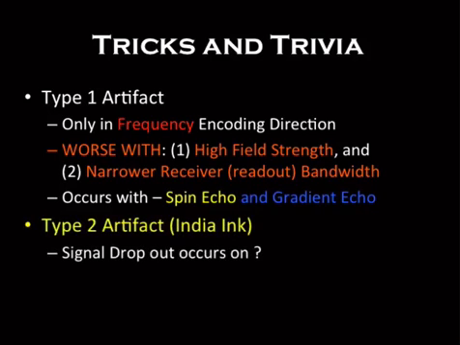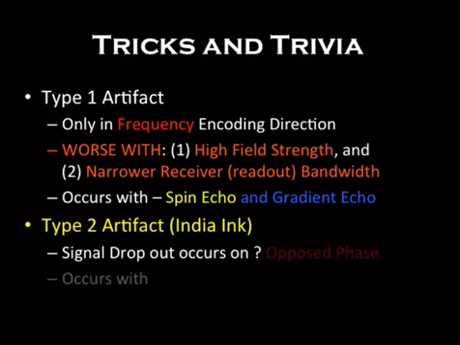Now, type 2 artifact, or this India ink artifact, is where you see the signal drop out when they're directly opposed to each other. So at 2.2 milliseconds, and then again at 6.6 milliseconds on a 1.5 Tesla magnet.